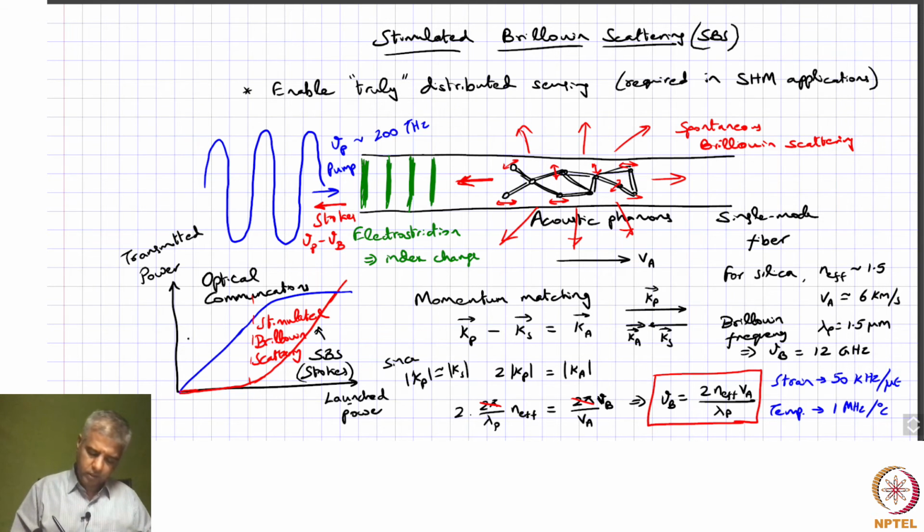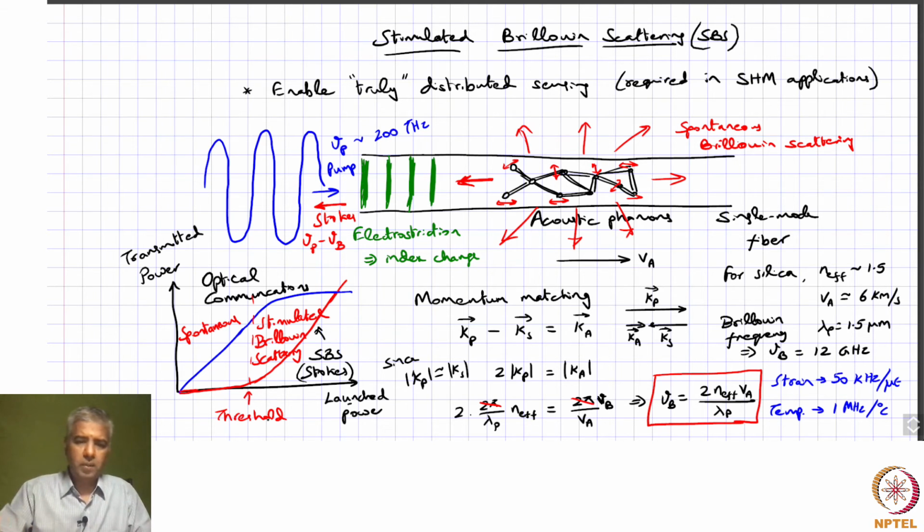And below this power level, all you have is only spontaneous scattering, and spontaneous scattering is actually not really very useful because the amount of power that you get is very small. So you have a poor signal to noise ratio if you try to use spontaneously scattered light for your sensing application. So for all sensing applications, it's imperative that you operate at a power level that's greater than what is called the threshold for the SBS process. Okay.